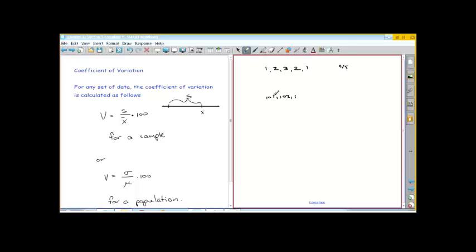But if I had 101, 102, 103, 102, 101, I still have the same differences between the numbers. And if I look at the standard deviation of these two calculations, I'm going to get the same number because the deviations are going to be the same relative to the mean, and so all the squares are going to be the same.